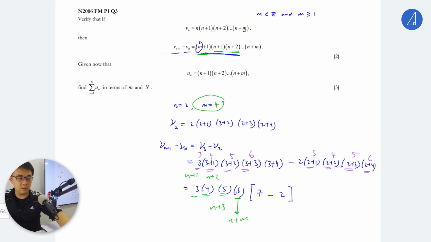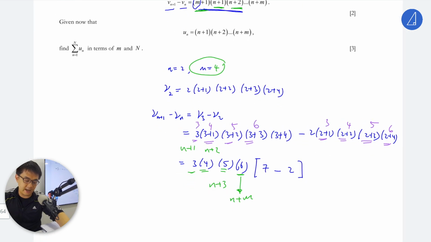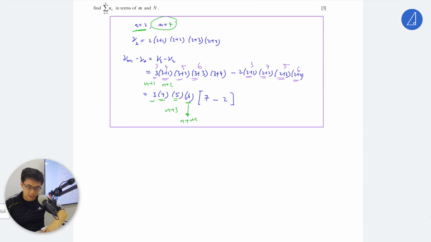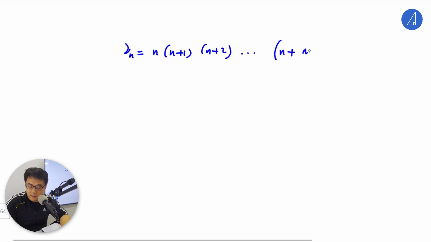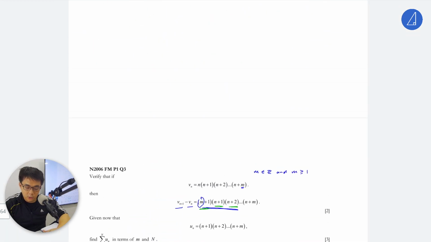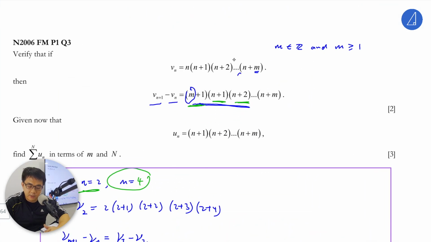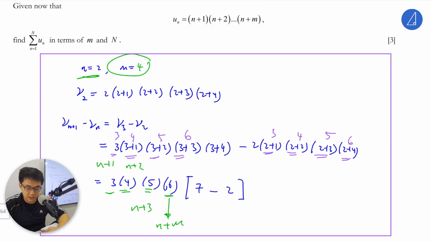Correct. Because n is 2. So first one, I know Vn is equal to n plus 1, n plus 2, then n plus m minus 1. I write the last two terms because although they stop here, I write the term before it. I just want to be safe.